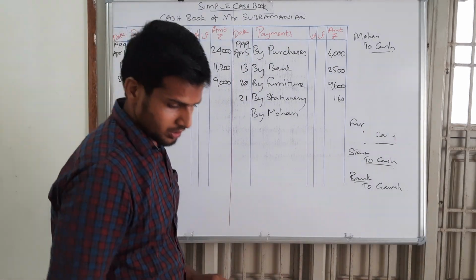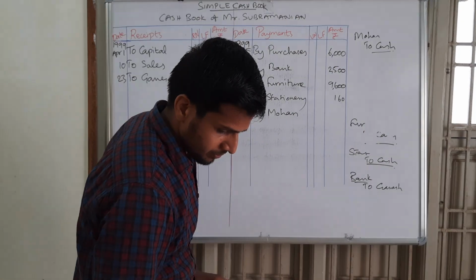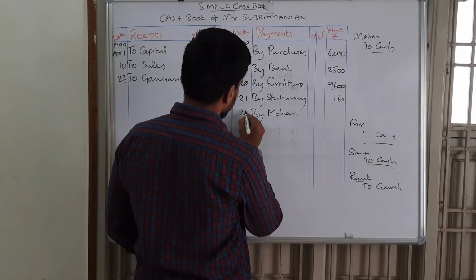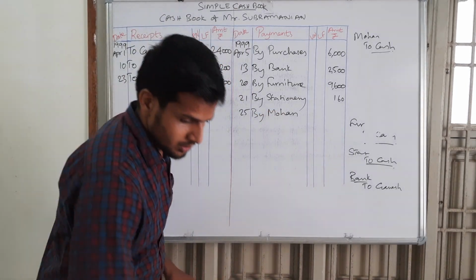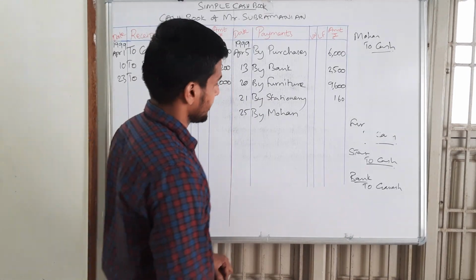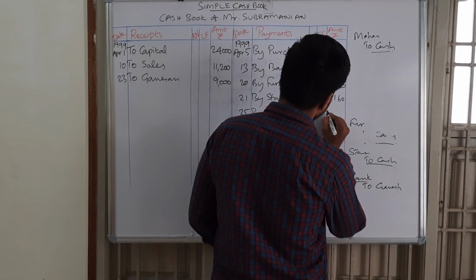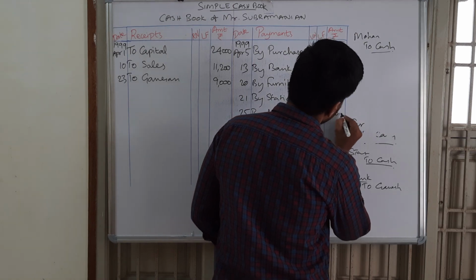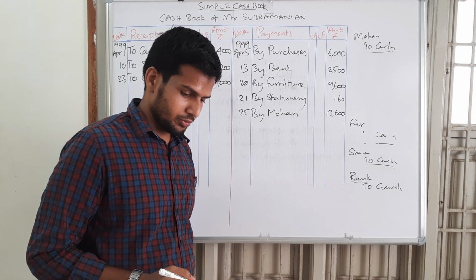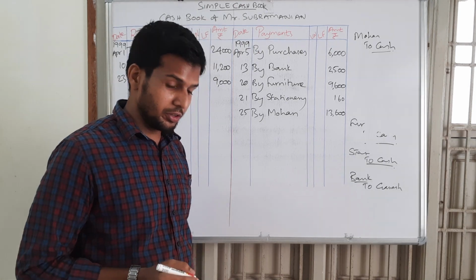By Mohan. The date is 25. Okay. Amount is 13,600. And the next thing is on 26th received commission.